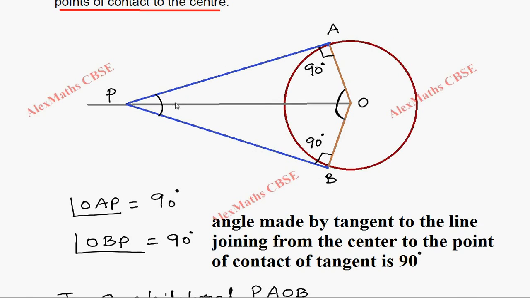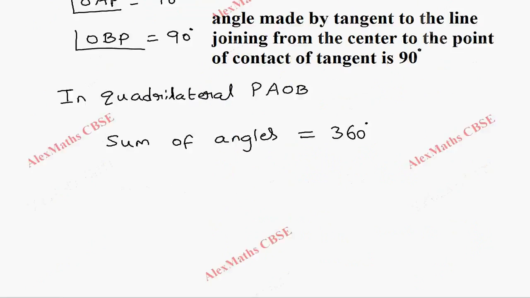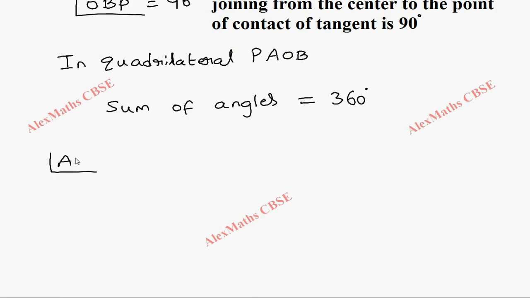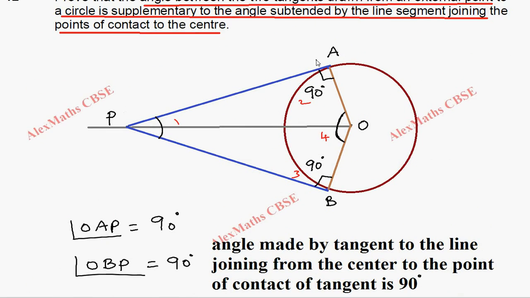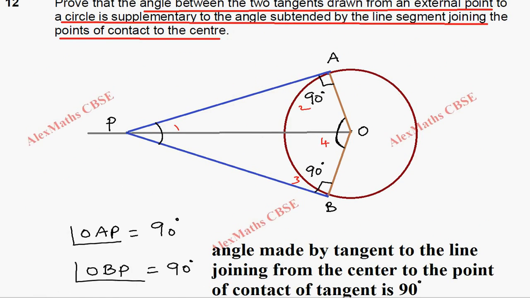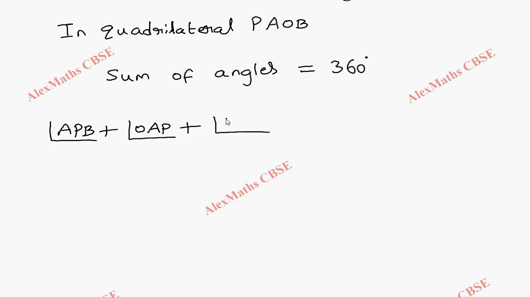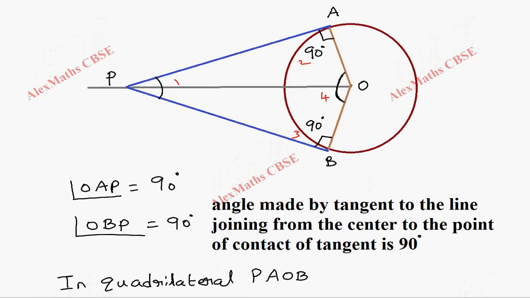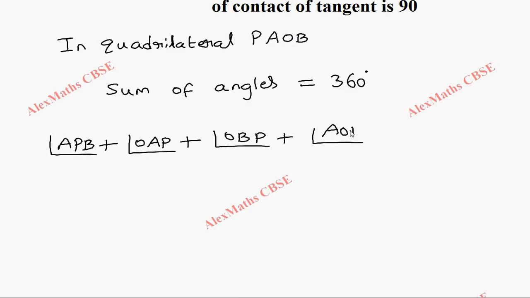Let's take these angles as 1, 2, 3 and 4. So angle APB plus angle PAO plus angle OBP plus angle AOB equal to 360.